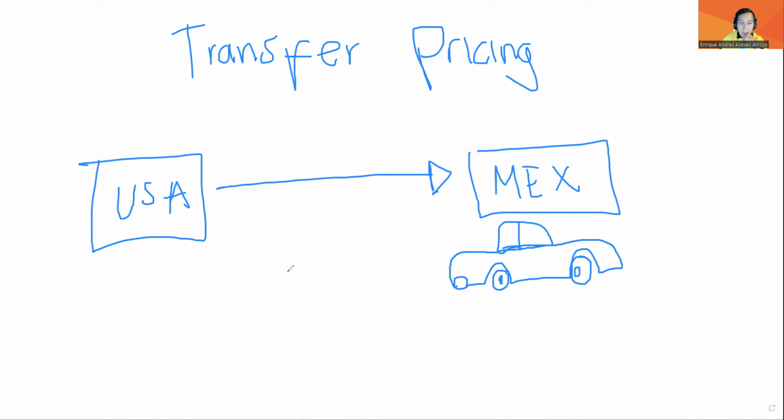So what would you say if this is your company? Remember, this is Tesla USA and this is Tesla Mexico. What if the US-based company purchased this car at $0?